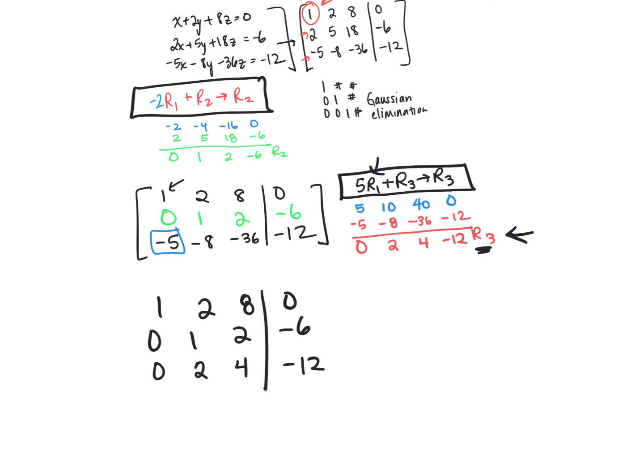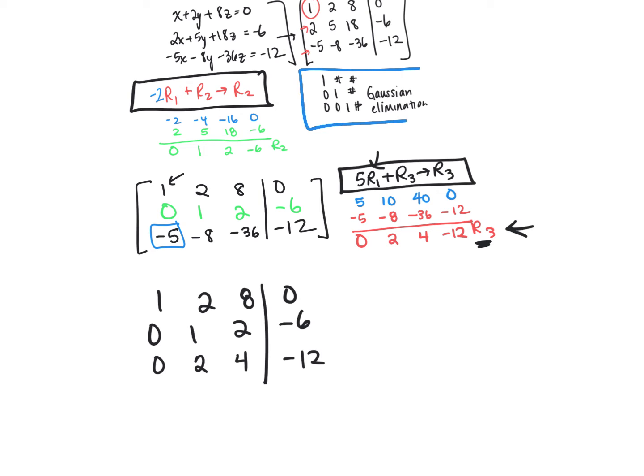So now when we go back to thinking about this Gaussian elimination, we have our 1 with our zeros below. And for our next column, we need a 1 in the middle and a 0. Yay, we already have a 1. So then we just need to make the 2 become a 0. To make 2 cancel out, we need -2. So now I'm going to use this row 2, where that 1 was. I'm going to multiply it by -2 and add that to row 3 to make my new row 3.